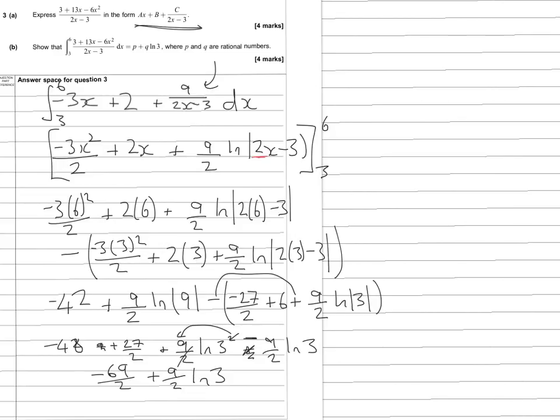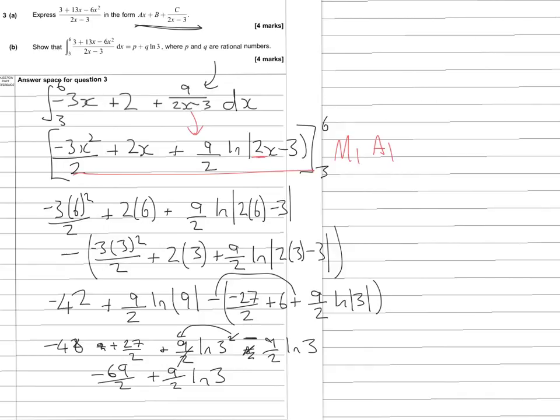In terms of marking this, you got a method mark there, as long as it followed through from that there. You also got an accuracy mark as long as it followed through.